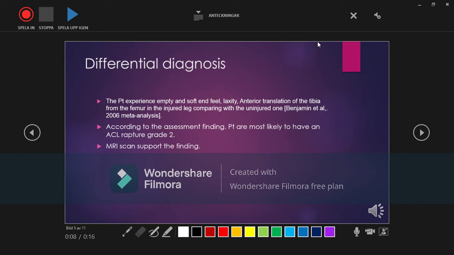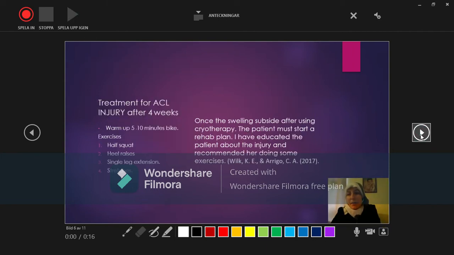According to the assessment findings, my patient most likely has an ACL rupture grade 2, and we requested an MRI scan, making sure our finding is supported by that. We decided on a treatment plan for the ACL injury, and we started it after 4 weeks.